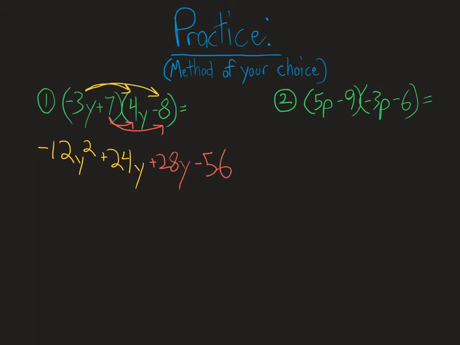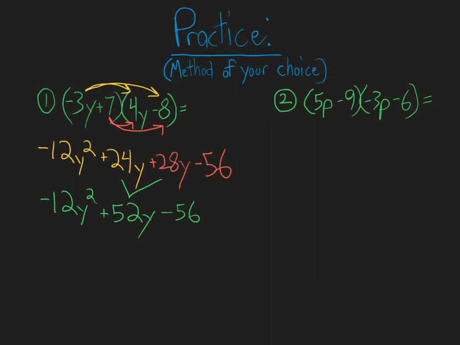Now we just put it all together. And again, there's only that one like term right in the middle. Copy down my squared y, put those together. What's that? 40, 52. And bring down the 56. There you go. So that would be how you do number 1 using FOIL.